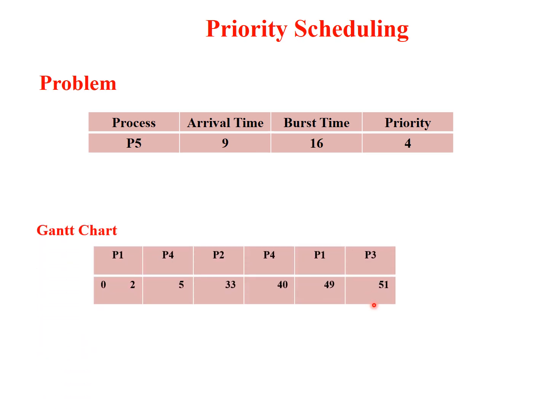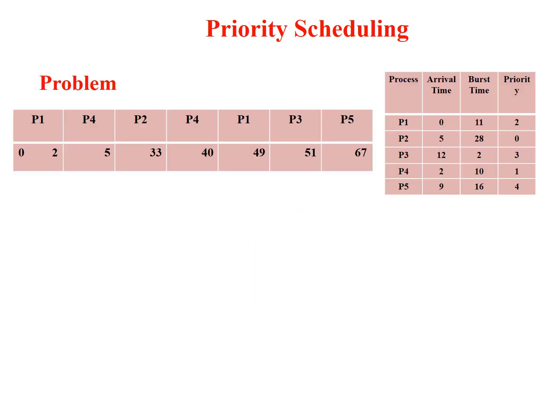It will execute till 51, and there is only one process remaining, P5. The next process to continue is P5. This is the Gantt chart for the given problem.